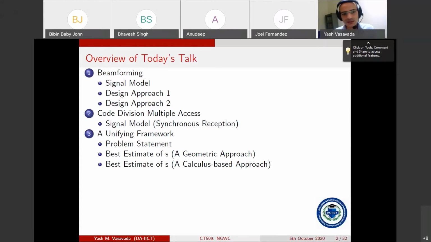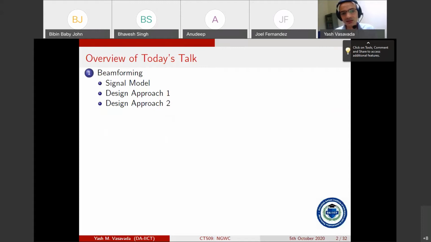Okay, so that is the plan for today. And it is in the context of this unifying framework where we will be looking at how to get some estimate of the information that has been received.